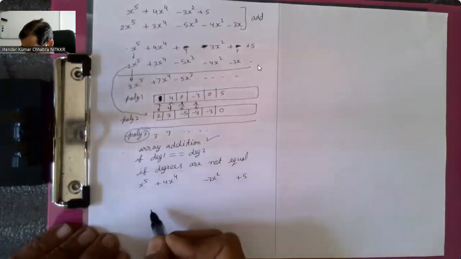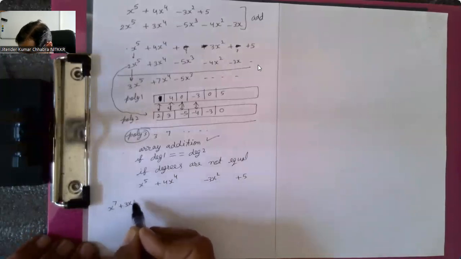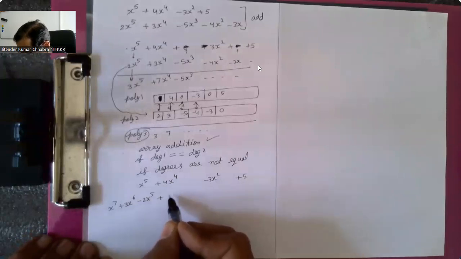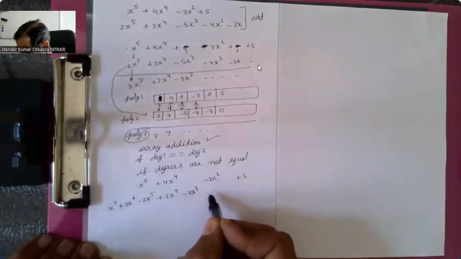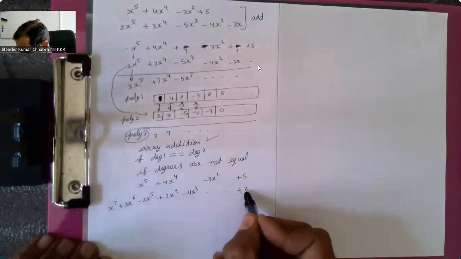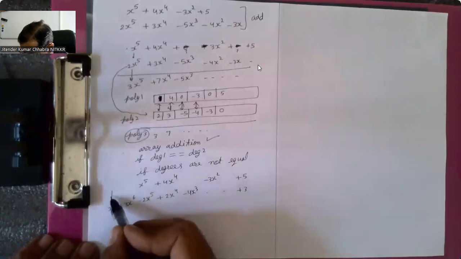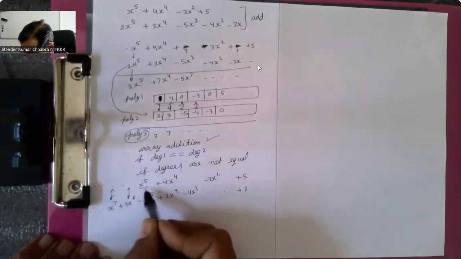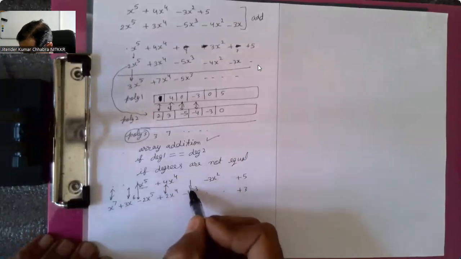First polynomial is the same. Let's say the second polynomial is of order x raised to 7. So I may have x raised to 7 plus 3x raised to 6, maybe minus 2x raised to 5, and maybe 2x raised to 4 minus 4x cubed, maybe this empty, and maybe plus 3. Now, this is the way we used to write x raised to 7, x raised to 6, these terms to be written before the x raised to 5 term, and accordingly, this addition can continue further.